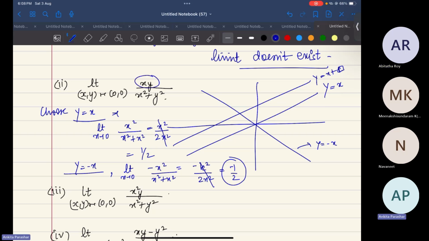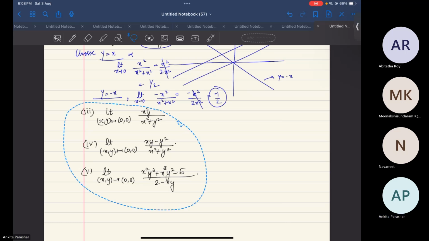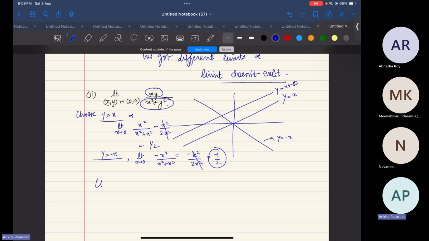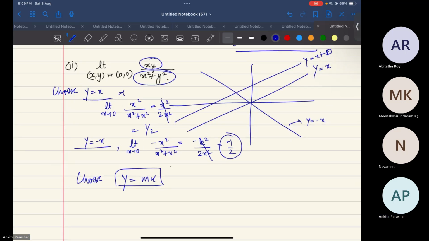When the degrees are the same, mostly the straight lines are going to help you. Let me tell you how to write such questions, how to choose the paths. Here, choose any y equal to mx, which is any straight line passing through the origin. Then the limit as x tends to 0 of your function becomes m x square by x square plus m square x square.